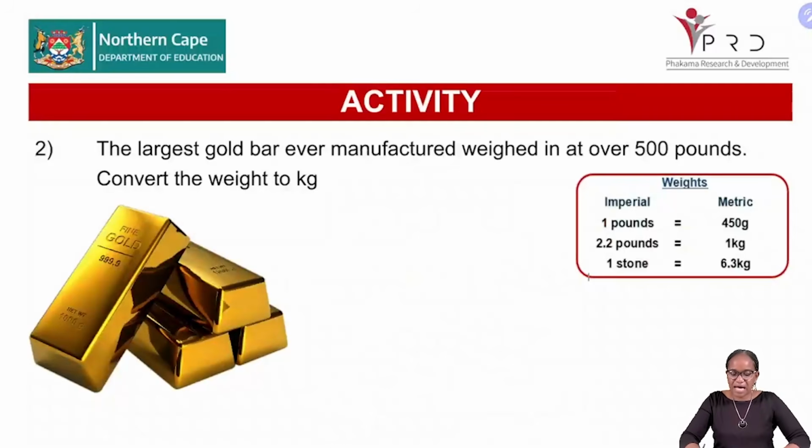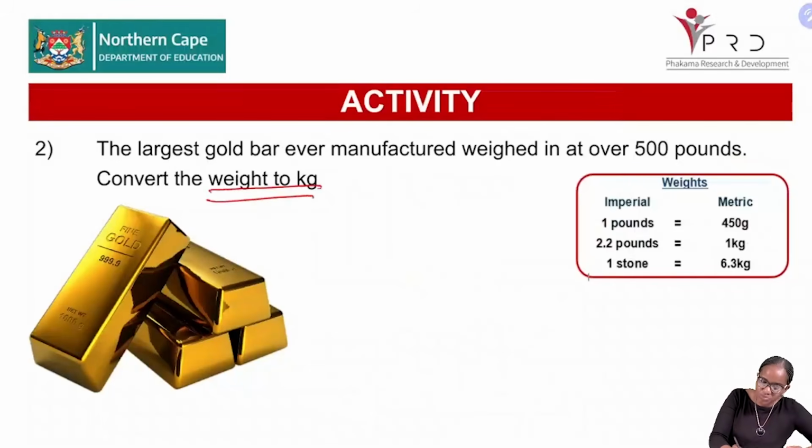The largest gold bar ever manufactured weighed over 500 pounds. Convert the weight to kilograms. So we want to convert the weight to kilograms. What are we given? We're given the weight in pounds. So our fraction will be the weight in kilograms.